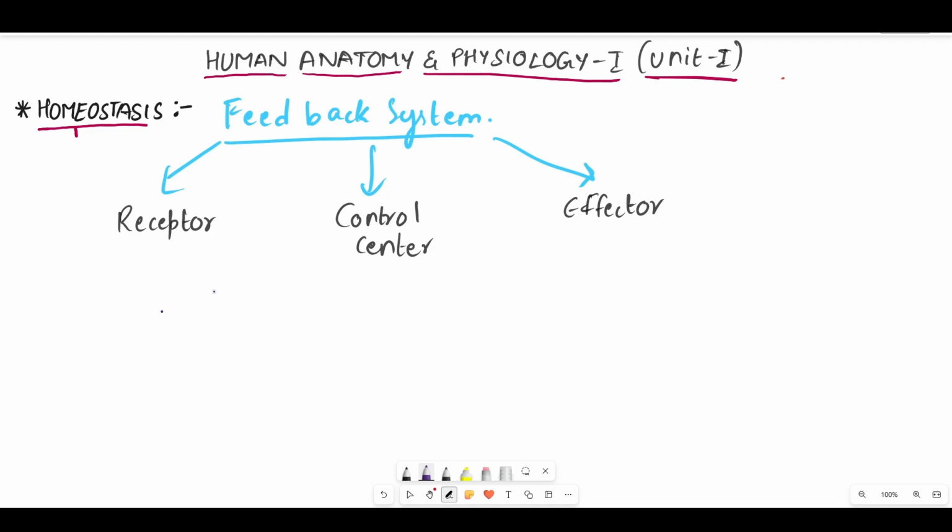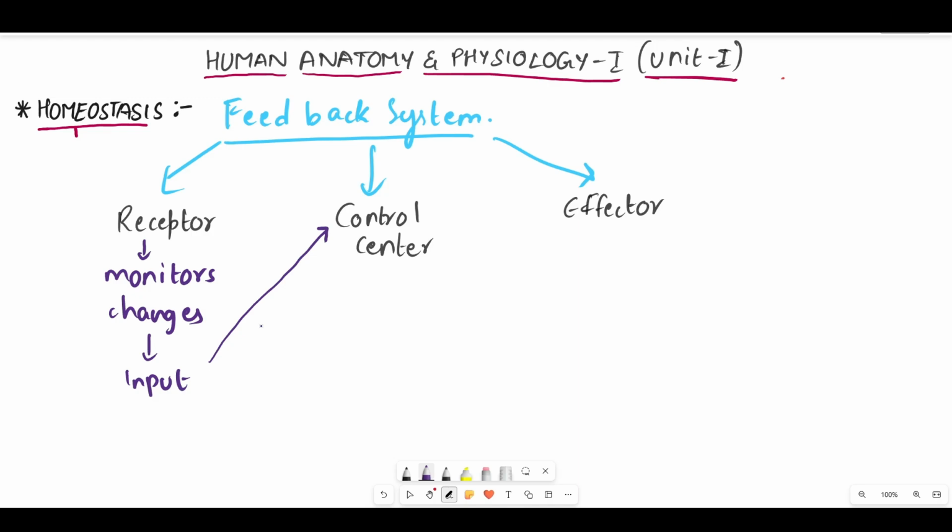A receptor is a body structure useful for monitoring changes. Once it monitors the changes, it sends that input to the control center.